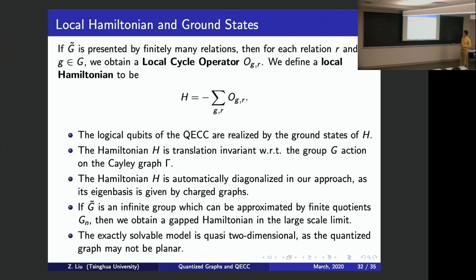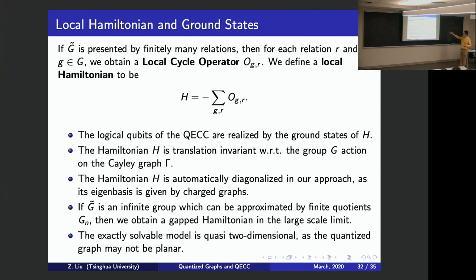And this is very important because from the code, we not only get an error-correcting code, we actually get a Hamiltonian model, an exactly solvable model. Because we can take those local operators, like in the toric code, and construct a Hamiltonian as a sum of those local operators. And then the ground states of the Hamiltonian give you the logical qubits.